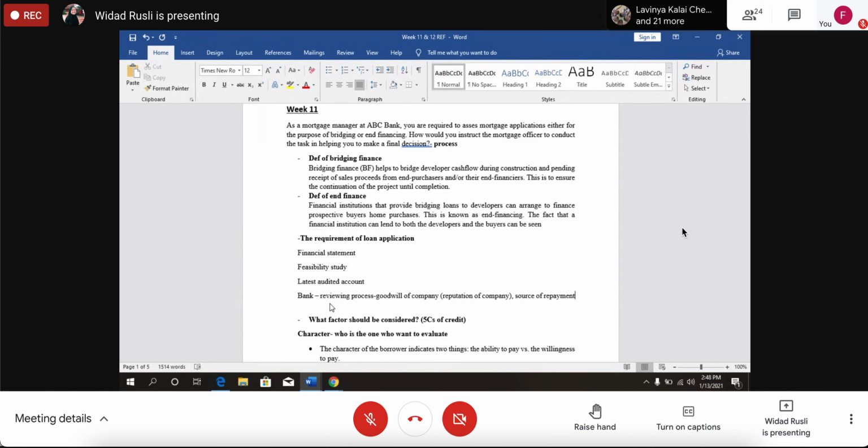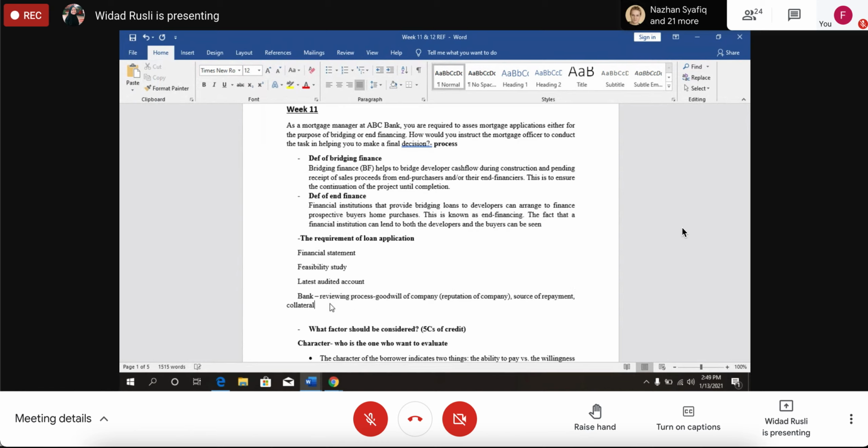I assume it's their asset, their non-current asset, especially properties, to act as collateral. So we put under collateral, okay? As the main title. Number one, the strengths of the firm. Number two, the source of payment. Number three, collateral. So collaterals can actually be used as security for loans.